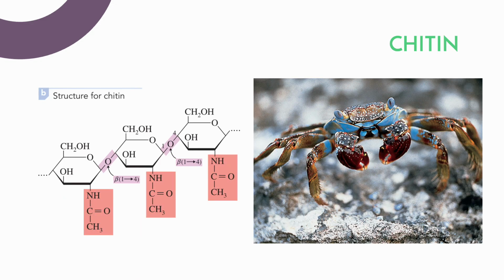It's probably the second most abundant organic compound on Earth. It is a structural homoglycan found in the exoskeletons of insects and crustaceans, and also in the cell walls of most fungi and many algae. The product of complete hydrolysis of chitin is D-glucosamine.